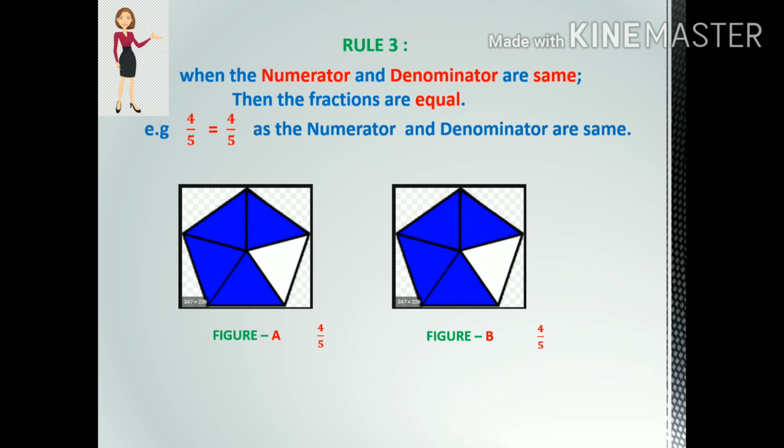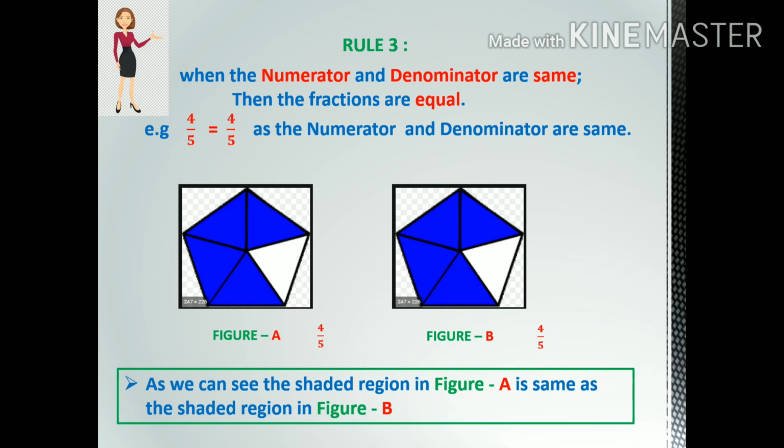We can see 4 upon 5 is equal to 4 upon 5 as the numerator and denominator of the given fractions are the same. We can also have a look at the shaded part of the figures. The shaded region in figure A is the same as the shaded region in figure B. So the fractions are equal.